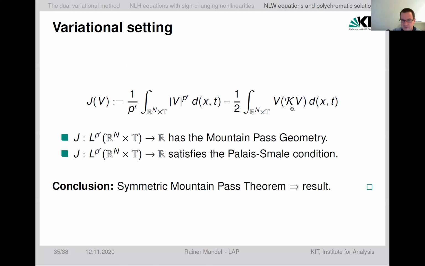Given that this K is compact, one can prove that J satisfies the Palais-Smale condition, and you apply the symmetric mountain pass theorem and get the result. That's it. So the crucial thing here is to derive the functional using this polychromatic ansatz.